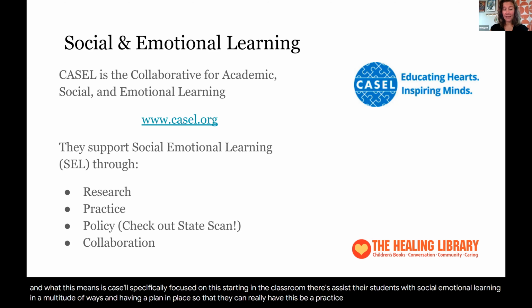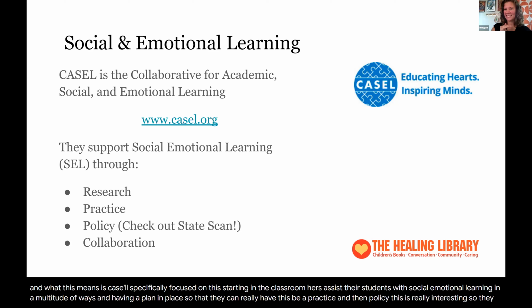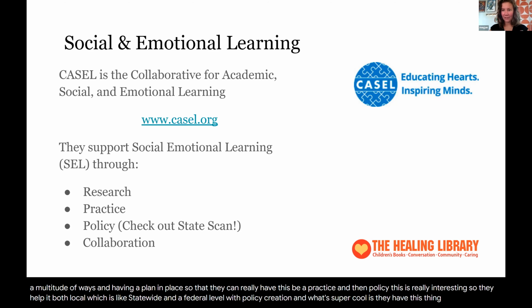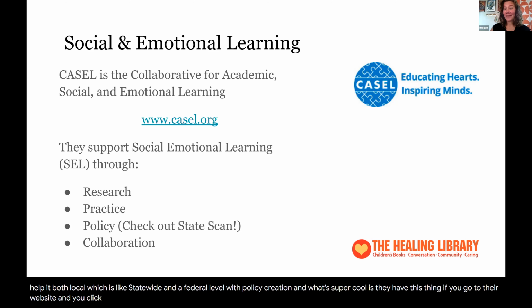And then policy, this is really interesting. So they help at both a local, which is like statewide, and a federal level with policy creation. And what's super cool is they have this thing, if you go to their website and you click on policy, check out State Scan, because it's a really cool way to just click on your own state and see what policies are already in place.